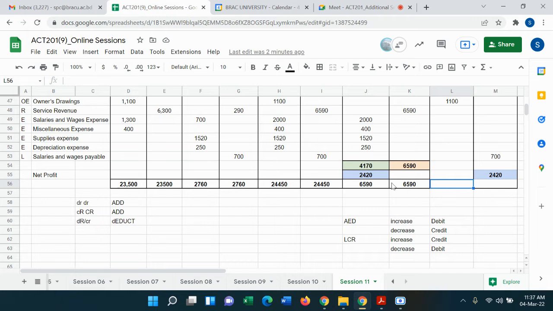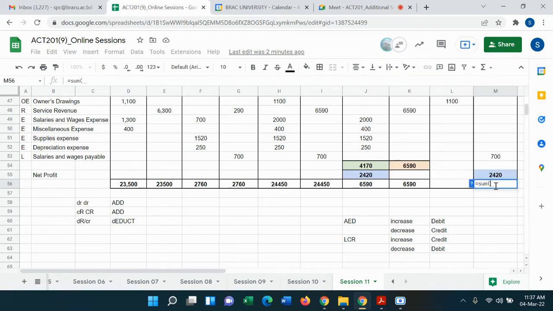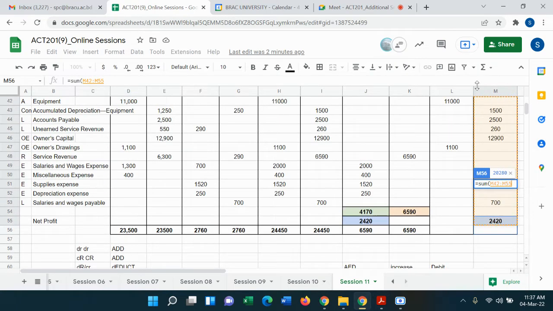So we identify the profit, and because this is a profit, it will increase the claim of the owners. And if the owners' claim increases, according to the debit credit rules, we know that we have to credit it. That's why we transfer the profit into the credit side of the balance sheet. Now make the total of the debit column and credit column of the balance sheet.